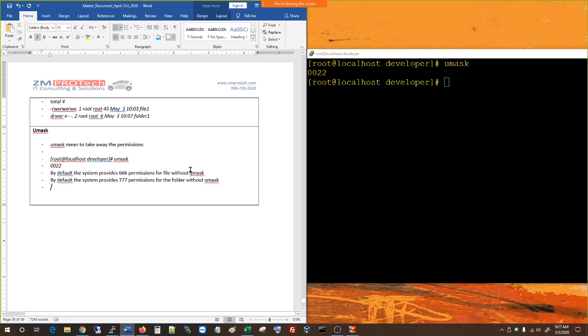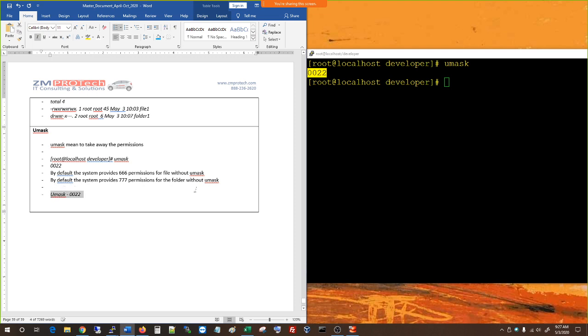Let's see what umask is. We have umask here. The default umask is 0022. Let's study what 0022 means. Umask is 0022, right?